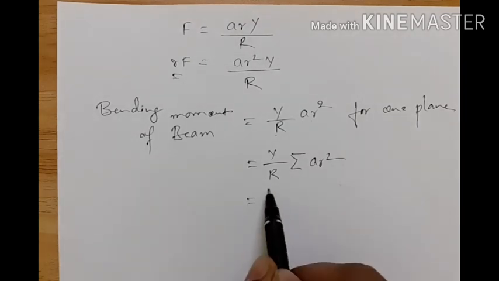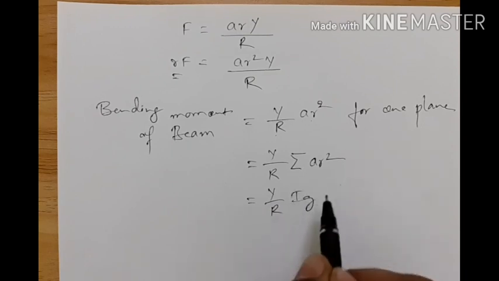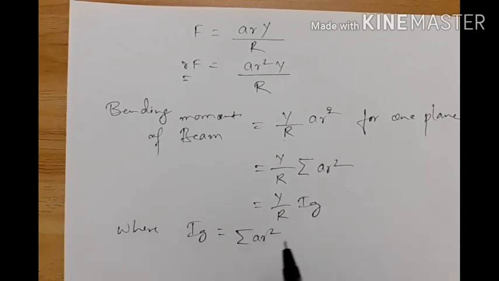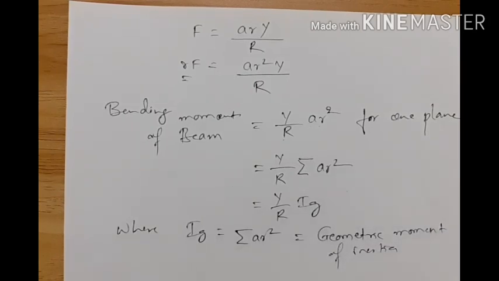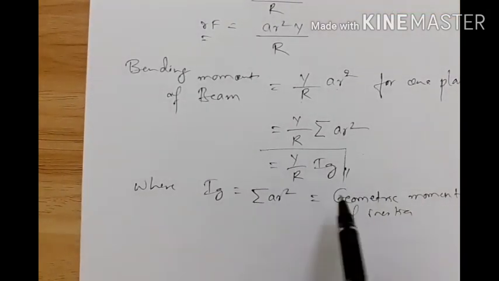Here we can replace this summation of A r square with I_g, where I_g is equal to the summation of A r square, and this is called the geometric moment of inertia. So this is the inertia, and this is the general equation which we have now.